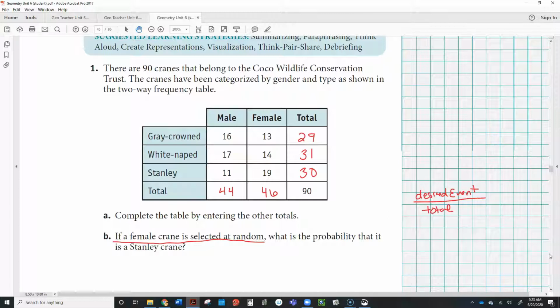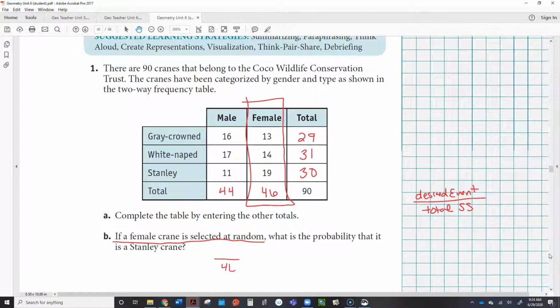But what they're telling us right here is that we don't want to consider the males, because at the beginning of this question, they tell us that we've selected a female. So our sample space for this is just going to be females, because we know that we've got a female.